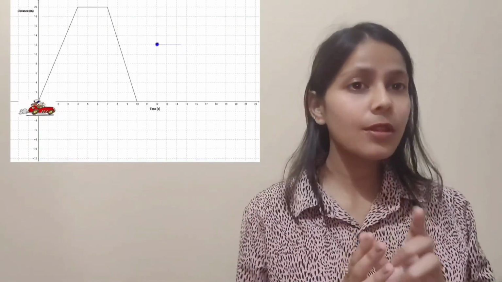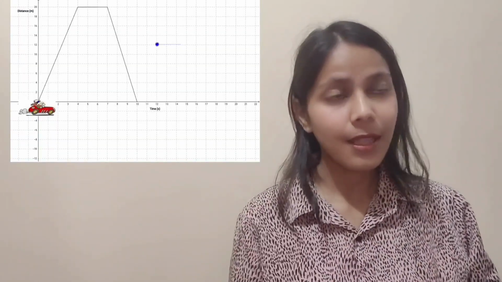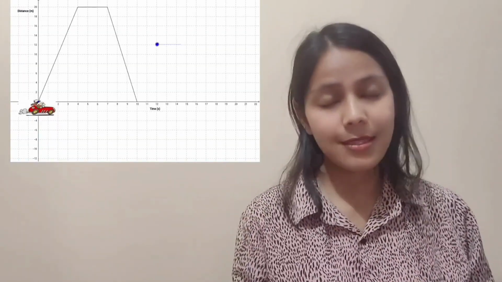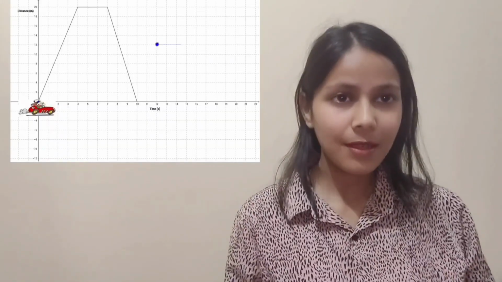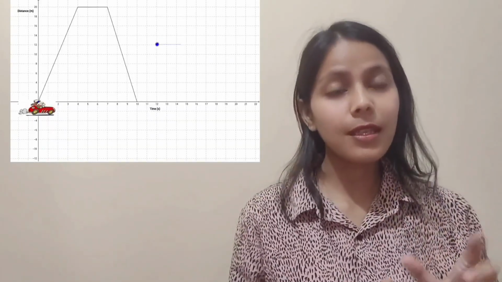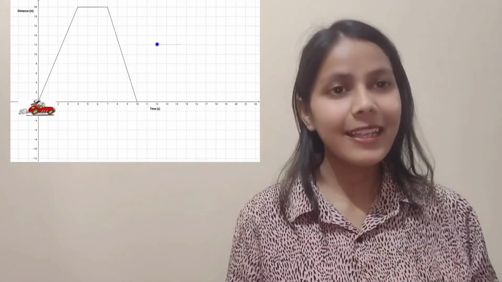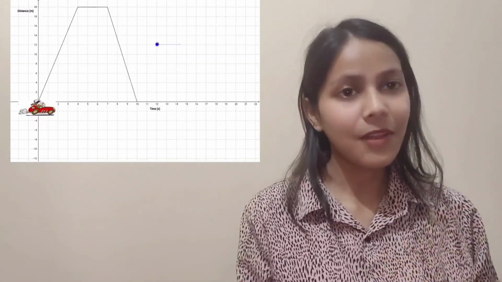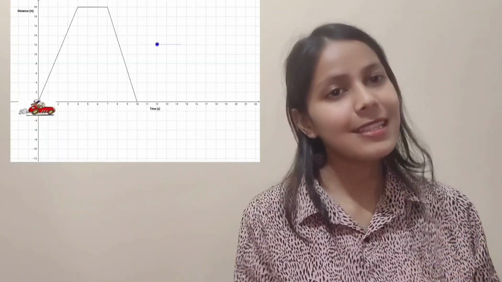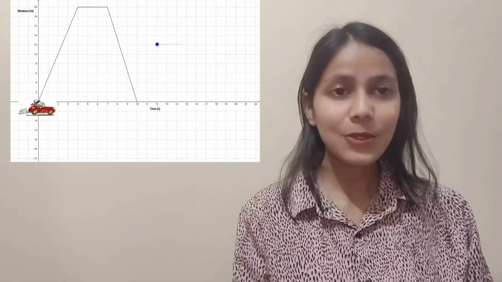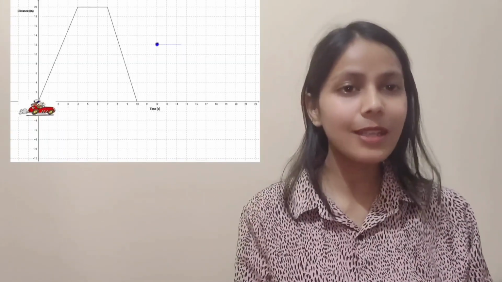Now if you plot these values on paper, with time on the x-axis and distance on the y-axis, something magical happens. The dots start forming a line, and that line is basically a graph, and that line shows how distance increases as time passes. So that, my friends, is what we call a graph.